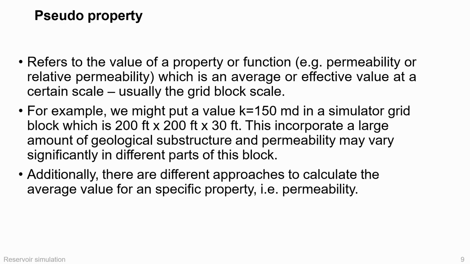This concept is very practical. In reservoir simulation, we rarely model every tiny geological detail directly. Instead, we represent their overall effect through pseudo-properties. The challenge is that different averaging methods may produce different effective values, especially for permeability.